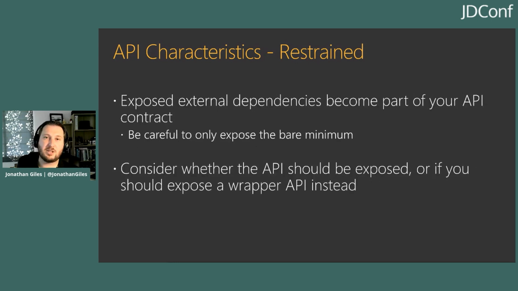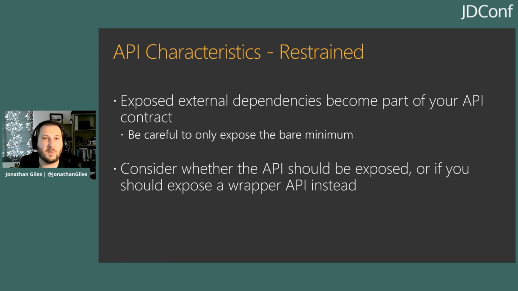The same goes with external dependencies. Just like implementation leaks are bad, we don't want to have external dependency leaks if we can help it. If we have an external dependency on an Apache library or any other library, we have to think really hard about whether we expose that through our public APIs, because once we do that, that becomes part of our public API surface area.